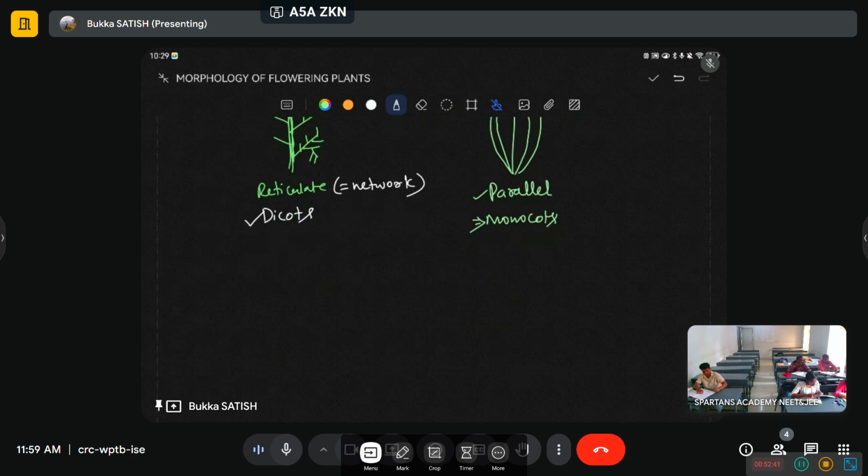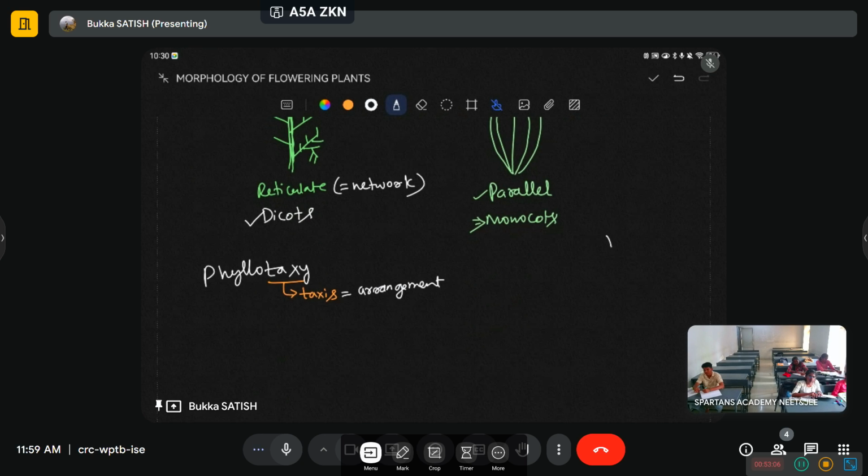Right. The next one, phyllotaxy. And again here, taxi is from taxis. Taxis means arrangement.